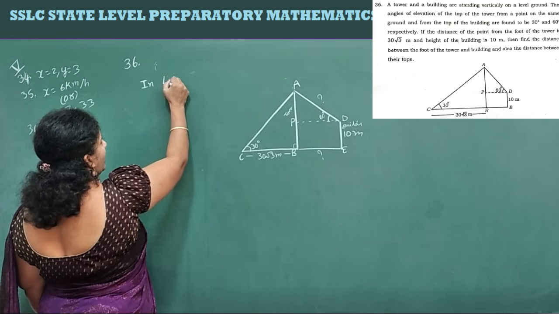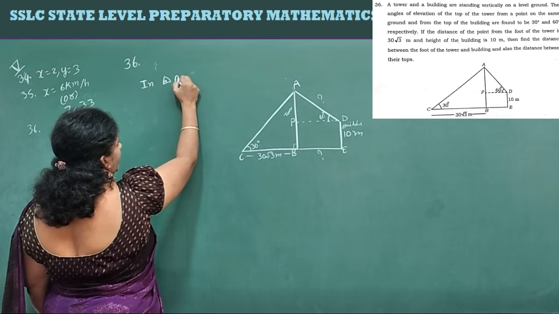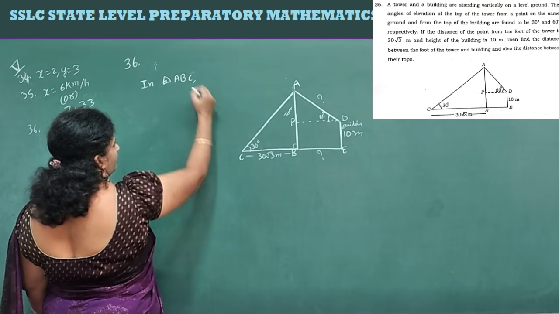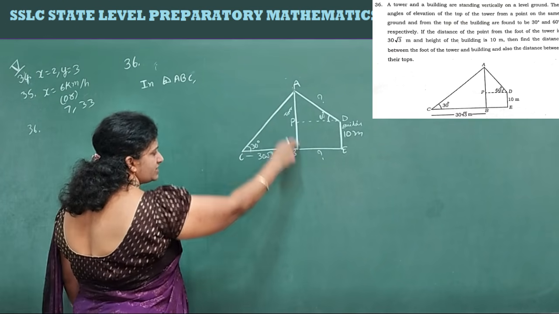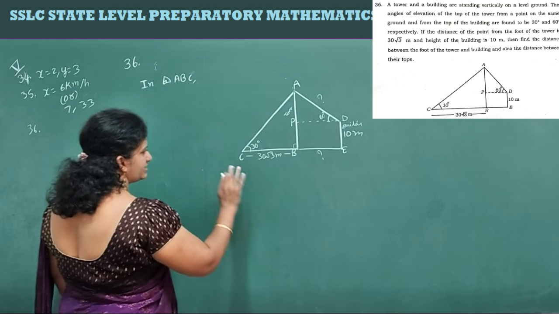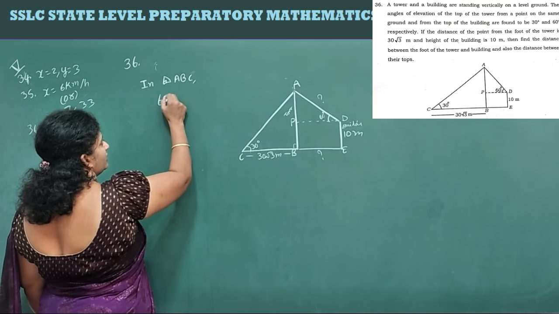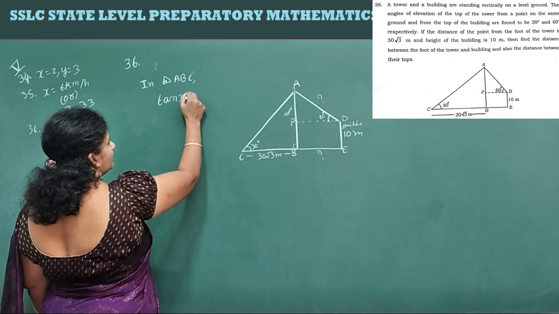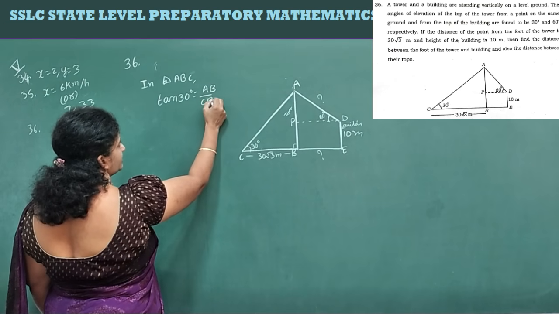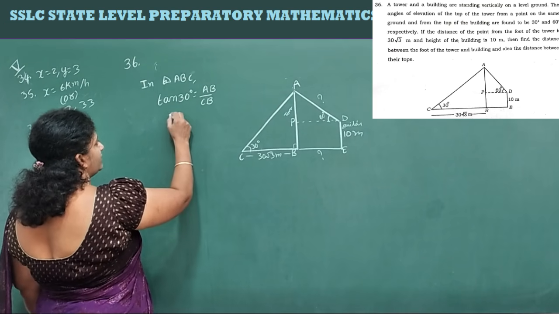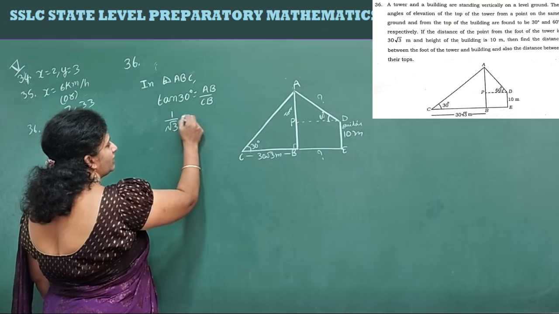In right triangle ABC, acute angle is 30 degree. I want the opposite side. I know the adjacent. So which one are you going to take? Tan ratio. Tan 30 degree is equal to opposite AB by adjacent CB. Tan 30 value is 1 by root 3.